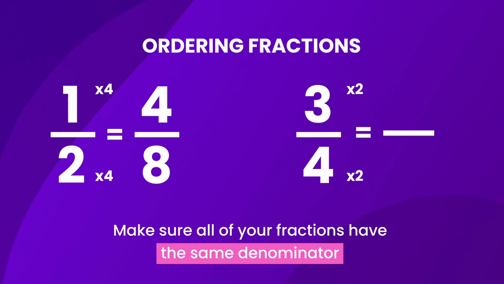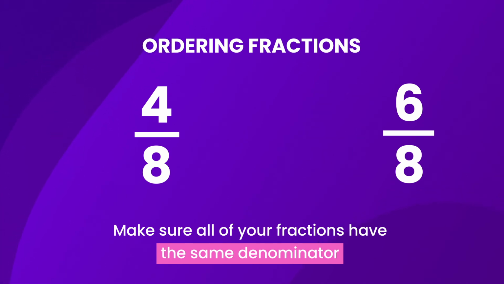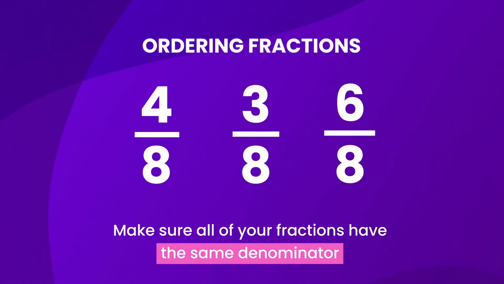So 3 times 2 is 6, and 4 times 2 is 8. So our fraction list of a half, 3/8, and 3/4 is now 4/8, 3/8, and 6/8. So to put these in order, we just look at the numerators and put those in order. So from smallest to largest, that's 3/8, 4/8, and 6/8.